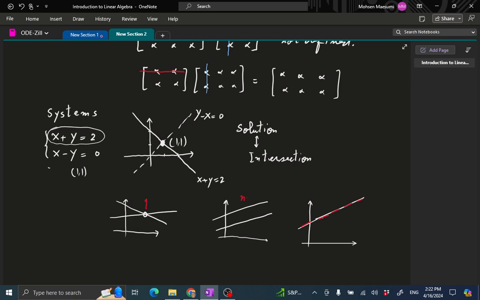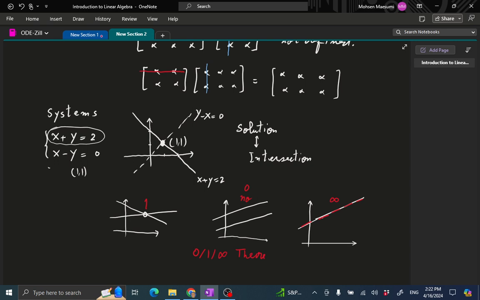In this case, there is no solution. In this case, there are infinitely many solutions, that is, every point is a solution. No solution means the number of solutions is zero. So sometimes this is referred to as the 0-1-infinity theorem.